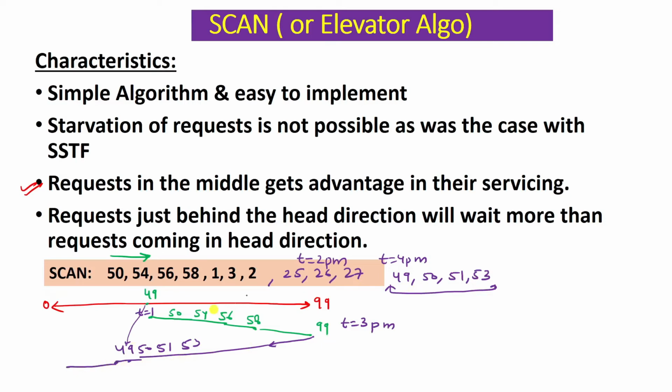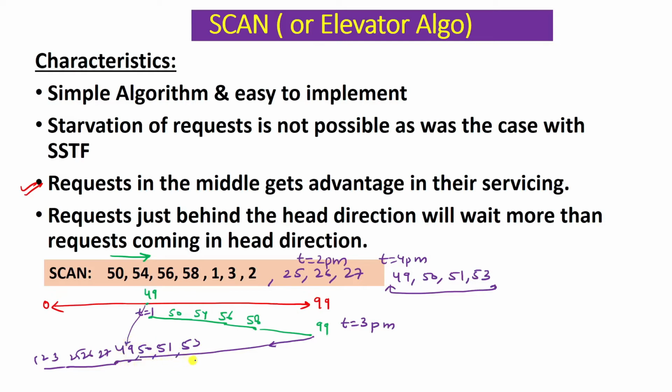And after that, I'll complete 25, 26, 27, that is 27, 26, and 25. And after that, I'll complete 1, 2, 3, you can say 3, 2, 1. So you can see, although these requests 25, 26, 27 come before this, while I am coming in this direction, these requests came first in my way, so they will be serviced first.